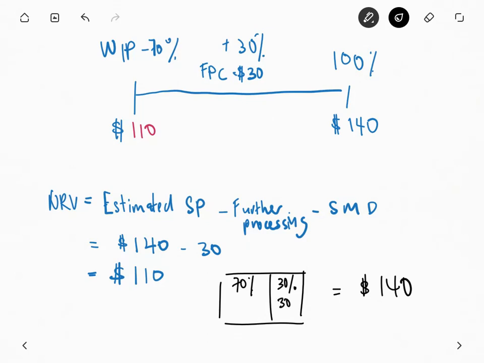I complete this 30%, which is $30, and I can sell it for 140. Can we find the value at 70%? You just transfer the $30 to this side. So 140 minus 30. The value of this 70% is 110. Not the cost, the NRV. Net realizable value, net saleable value. Okay.